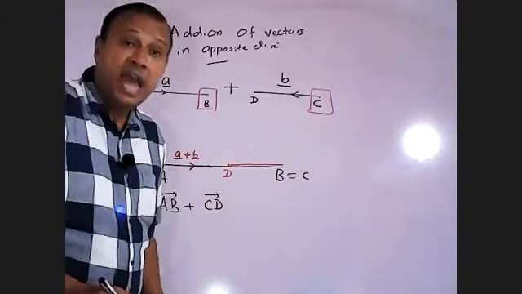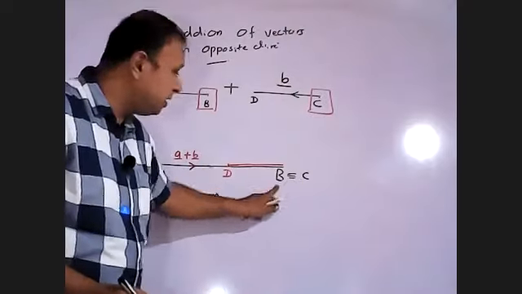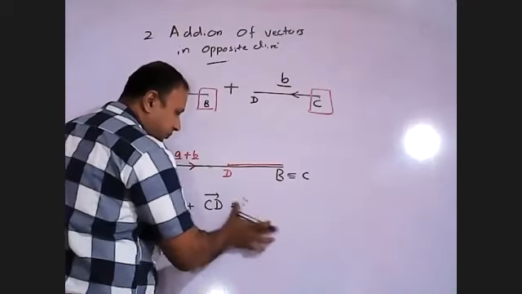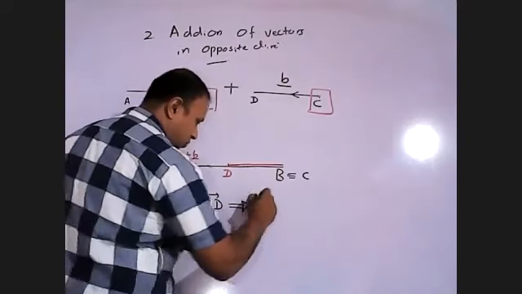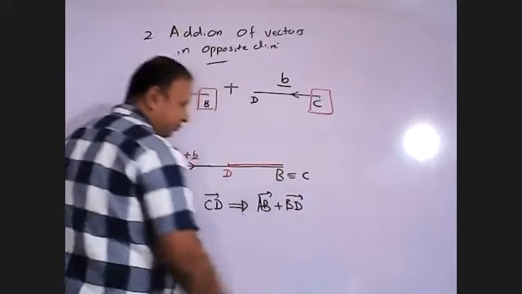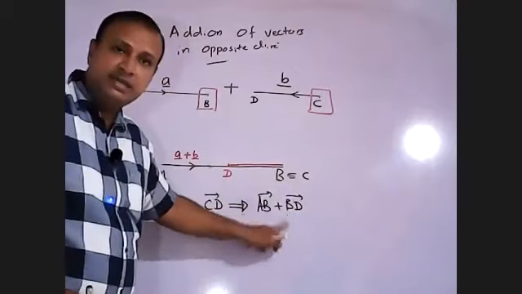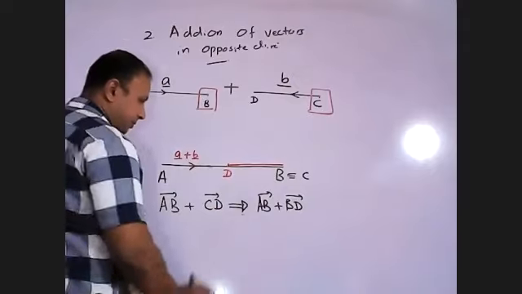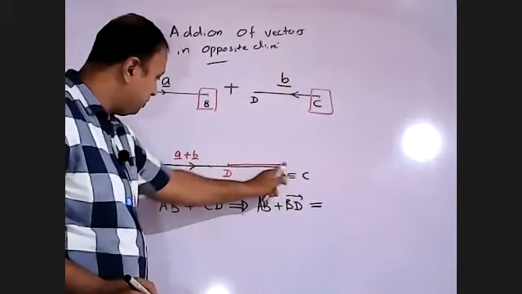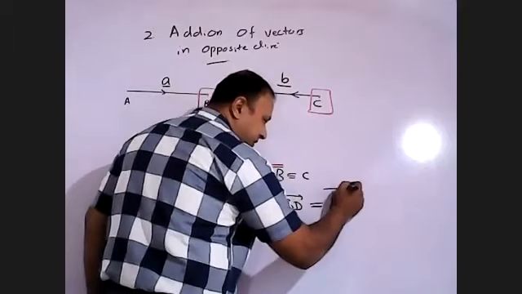I coincided B and C. Therefore, C becomes B. Now C became B, so I can replace C by B. Now I have to convert this to AB plus BD, because as I coincide B and C, I can use B instead of C. Then this is equal to AB plus BD. AB plus BD is equal to the AD vector.